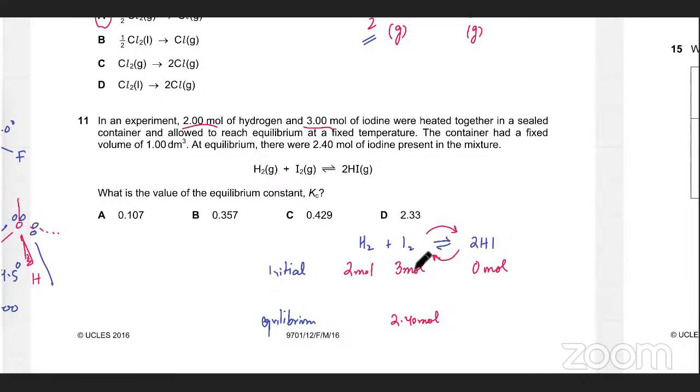Your starting point was 3 moles. And now what you have is 2.4 moles of iodine. That indicates that 0.6 moles are missing, and that 0.6 moles must have reacted. They took part in the reaction because your container had 3 moles initially, now you've got 2.4 moles. So one reacts with one.